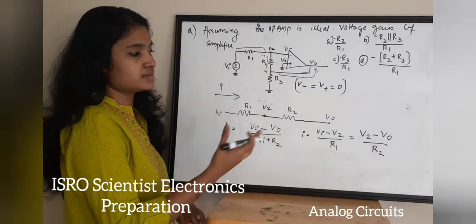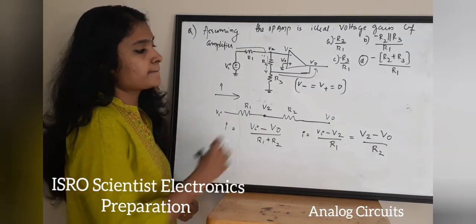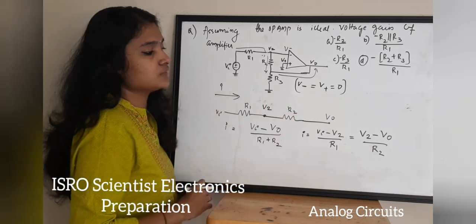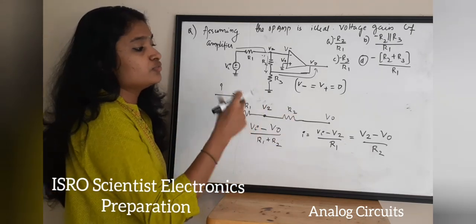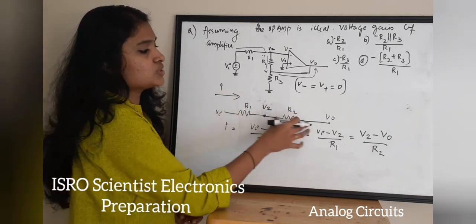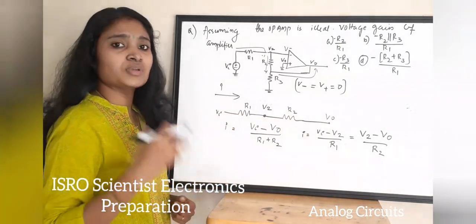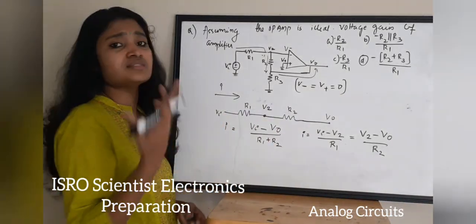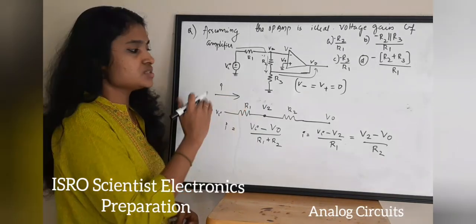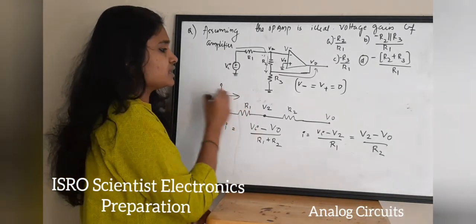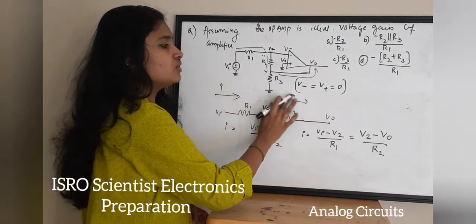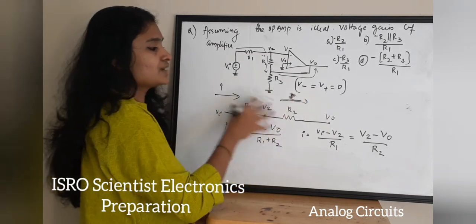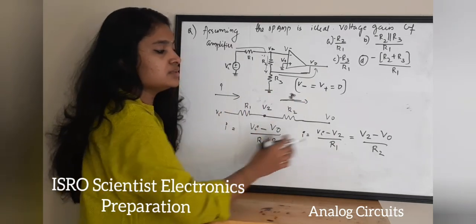We are splitting the equation in terms of V2. So this current is equal to this current, right? Because this is a series path, so the current is the same. So you can write this equation like this.